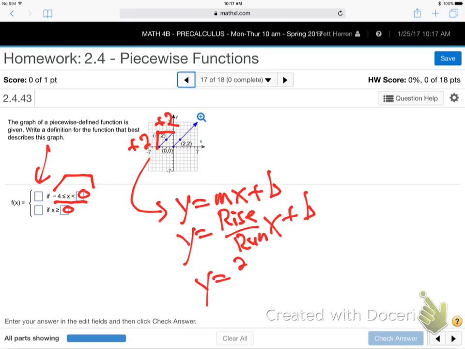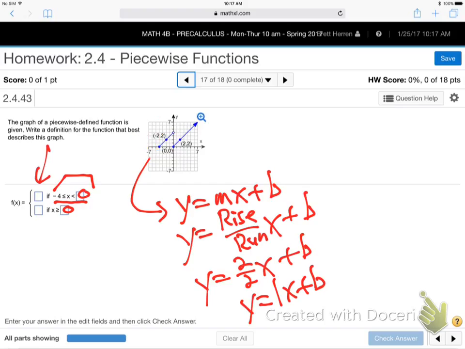So the slope is 2 over 2, or 1. Good so far? So I got the rise and the run. Just count them, and on your screen it'll be better. You can see the lines better. They're not showing up on the overhead very well. But it's up 2 over 2, so the slope is 1.